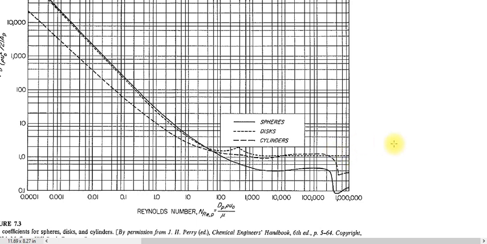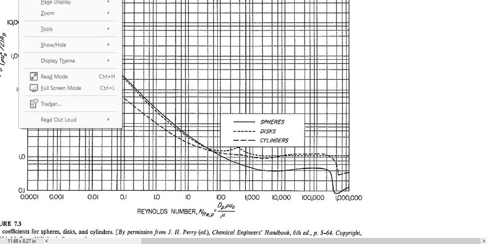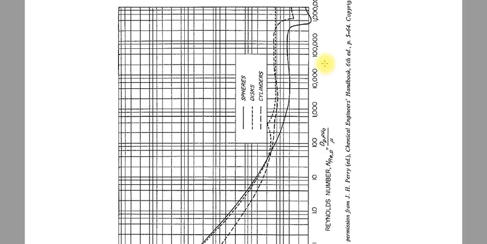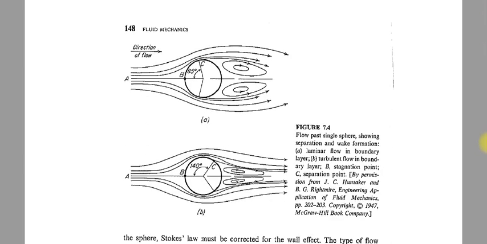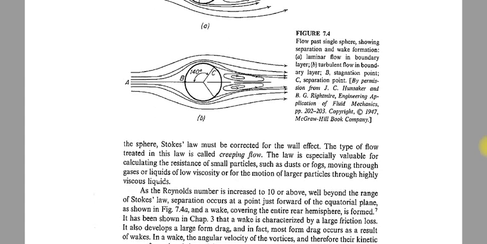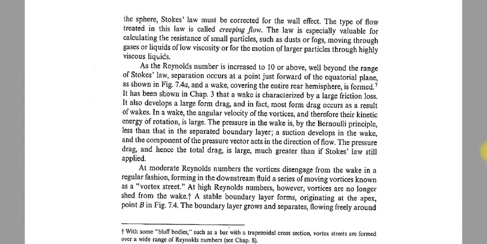Why? Because the size of the vortex will not reduce, therefore the form drag will also not reduce. So that leads to constant values of the drag coefficient even at very high Reynolds number.